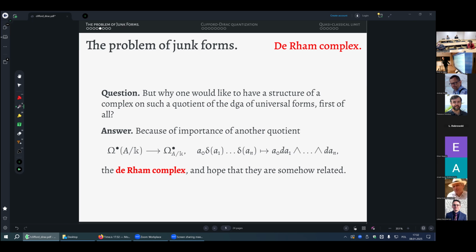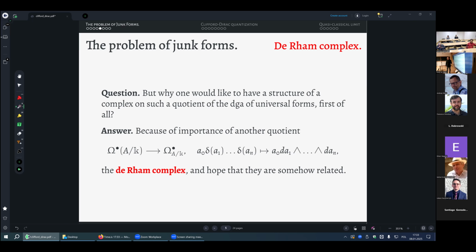But if you try to think philosophically or mathematically, what do we need for all this stuff about the junk forms? We have to answer the following question. One would like to have a structure of a complex on such a quotient of the differentially graded algebra of universal forms, first of all.